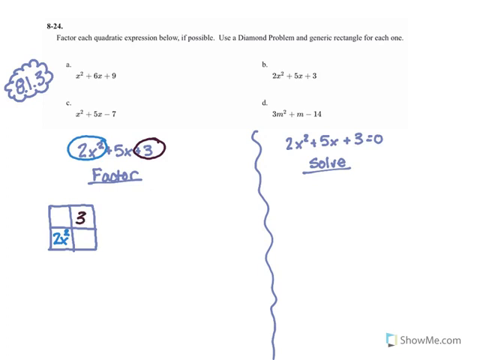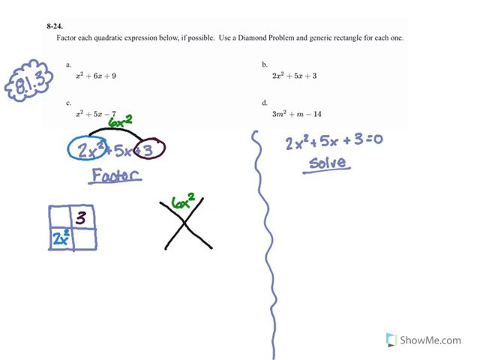So first term and last term we fill in right away. Then we need our x. These are just our diamond problems, remember? And to get this top part of our x, we're going to multiply the first term and the last term. So this should be 6x squared, if I multiply those.